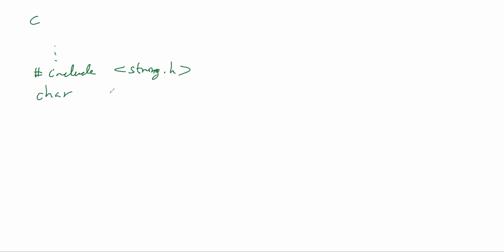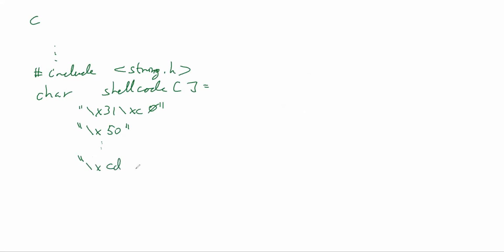This is from your PDF shell code. And that looks like, I'm not going to do the whole thing, but it looks like \x31, \xc0, and then \x50, and so on, all the way to \xcd, \x80.